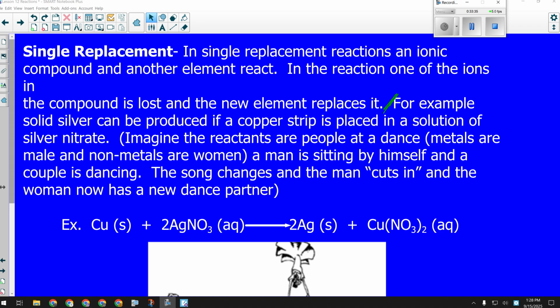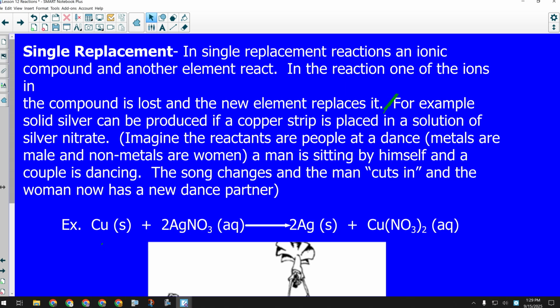For a single replacement reaction, that means the element that's by itself in the reactants has to replace the part of the ionic compound that it is like. So we see in this reaction here that our lone element is a metal. It's copper. And it's reacting with a solution of silver nitrate.